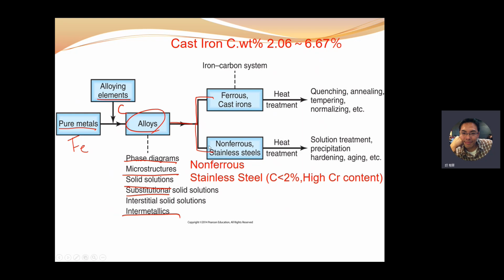Okay, the difference is its composition. For the iron carbon system, the cast iron has a carbon content from 2.6 to 6.67 weight%. For stainless steel, the carbon content is less than 2 weight%, with a very high concentration of chromium.